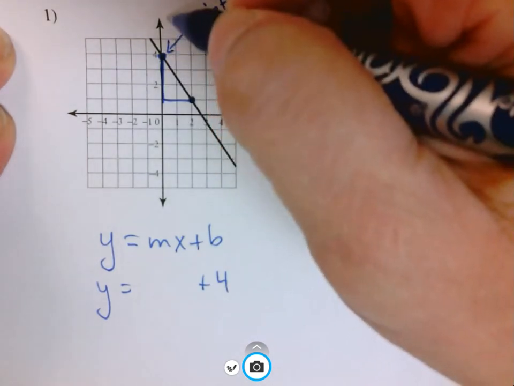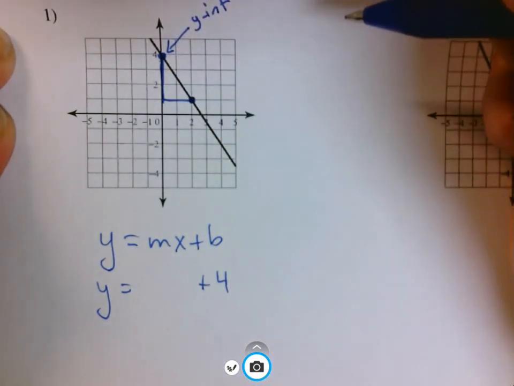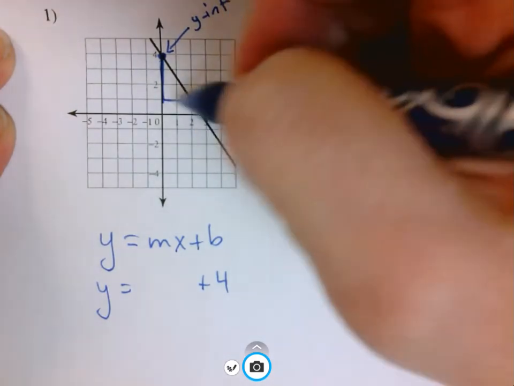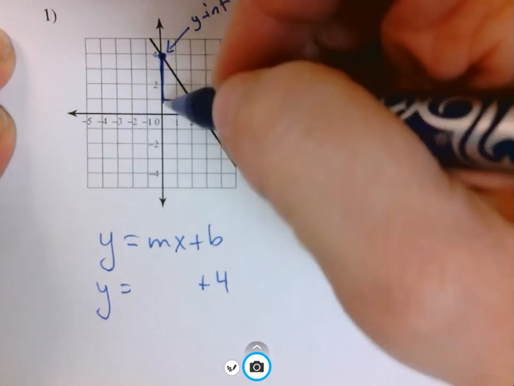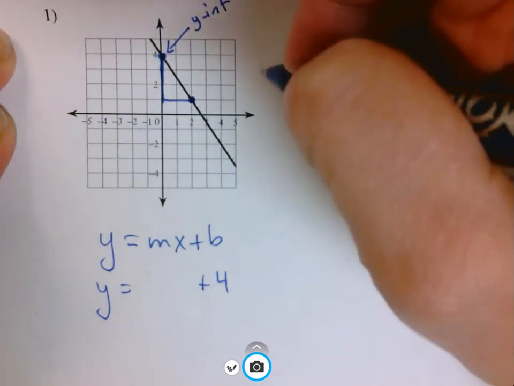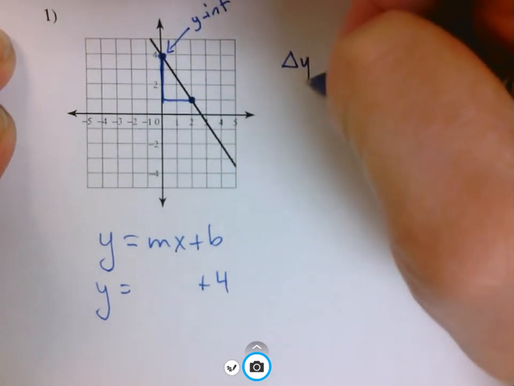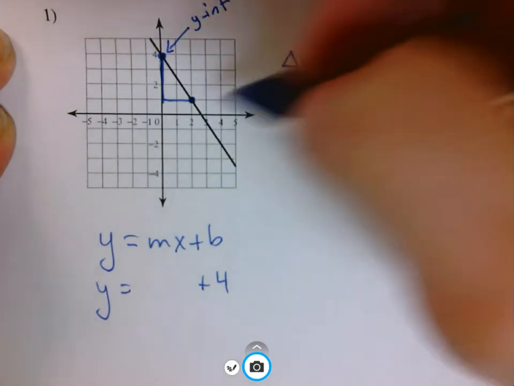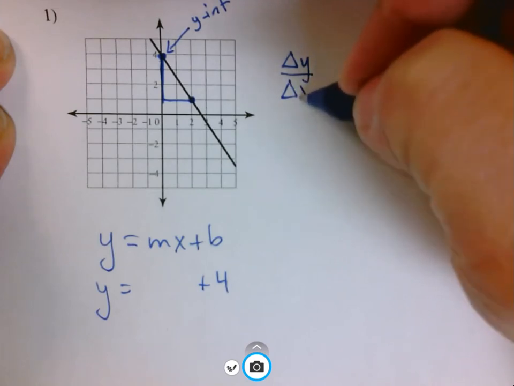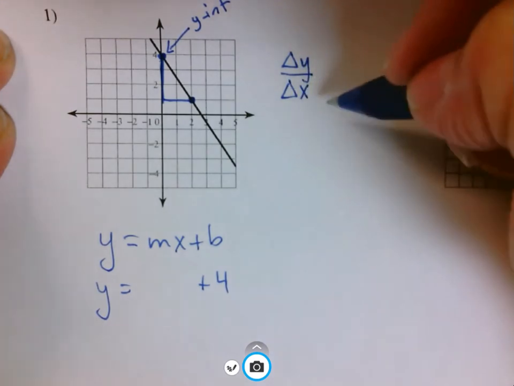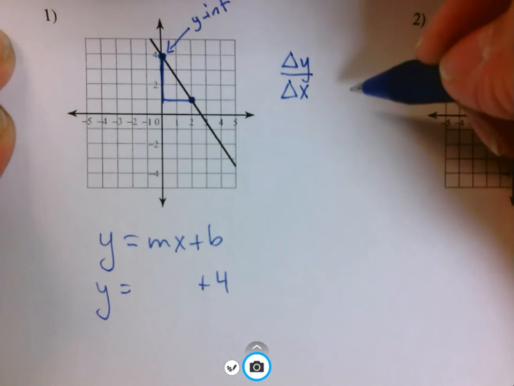This up and down is called the rise. Okay, and then the side to side is called the run. In other words, this up and down is the difference in the y's. We call it delta y, which is the change in the y. And the side to side is the change in the x's. And when you take the change in the y's divided by the change in the x's, you get the rate of change.